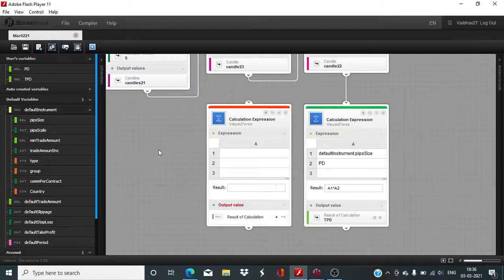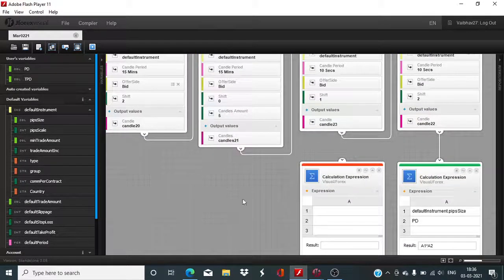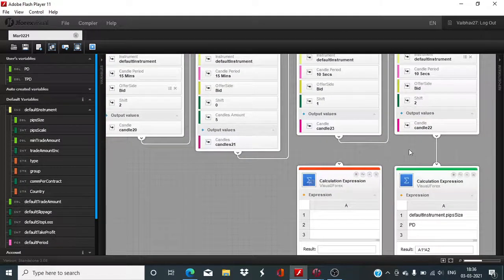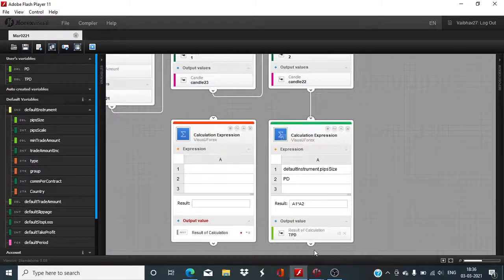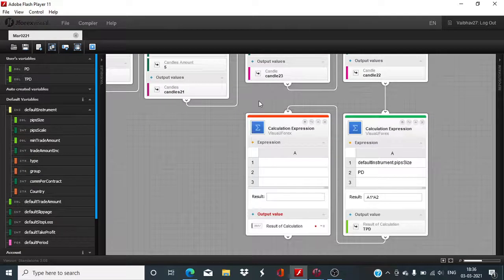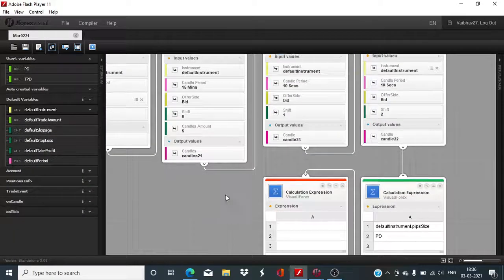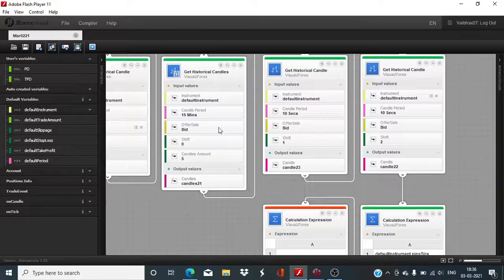Okay, and then to look at the actual volatility, we will have to take the high points and low points of these historical candles.